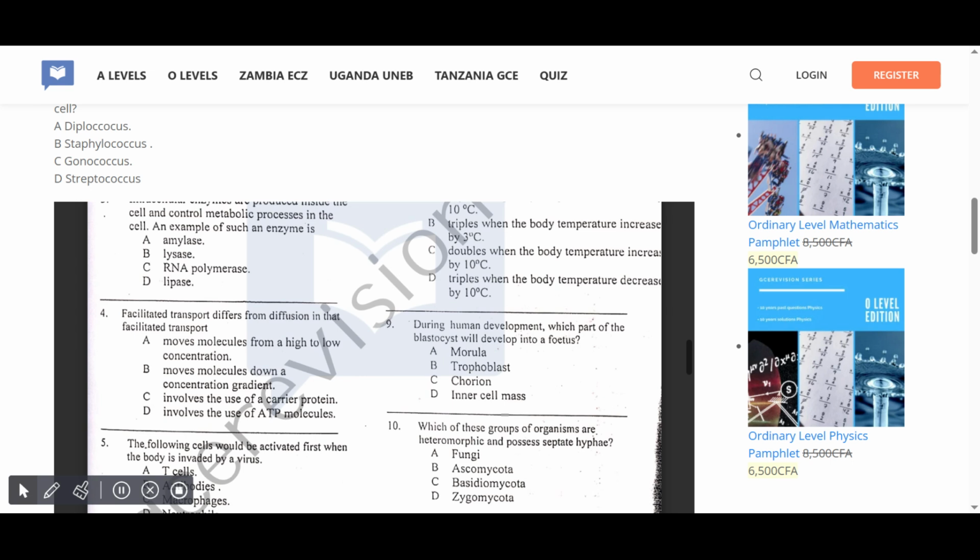Question 4. Facilitated transport differs from diffusion in that facilitated transport, the answer is C, involves the use of carrier proteins.